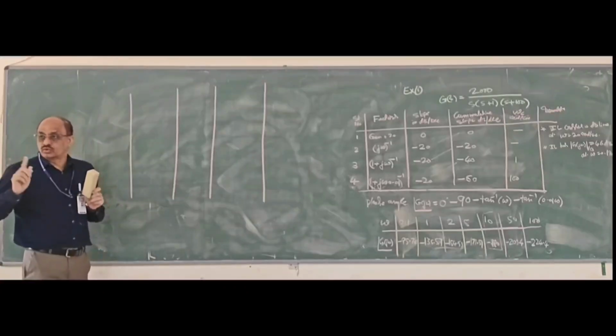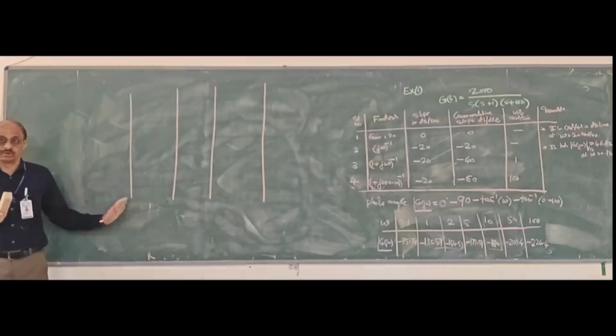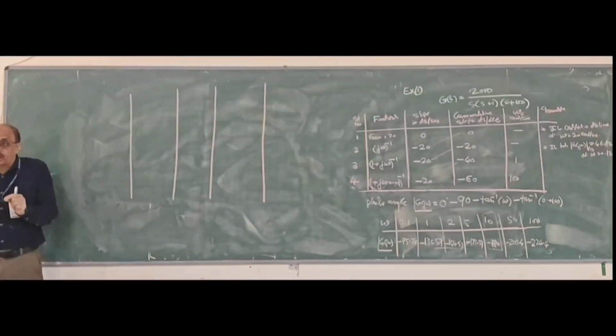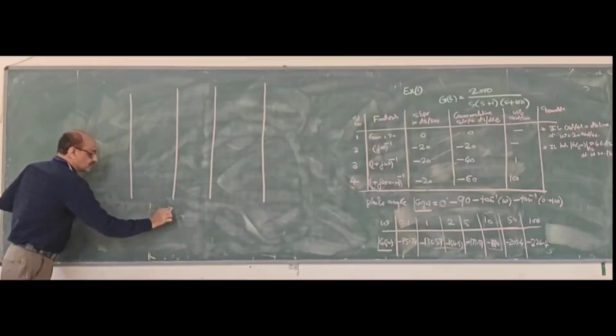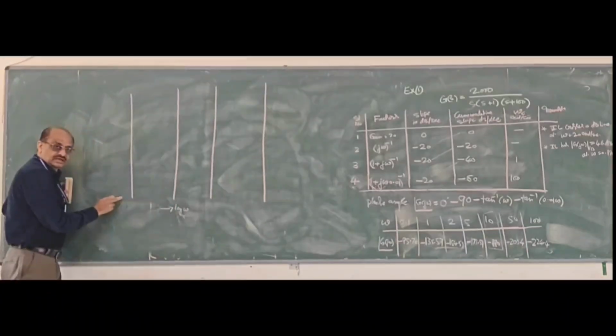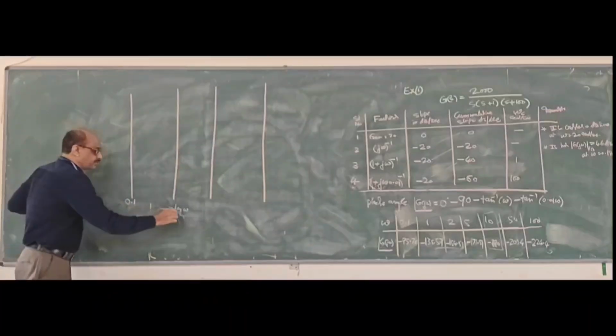Remember, you cannot start the frequency with 0. That is why I need to know the starting frequency. So here, write log omega. We have taken a starting frequency of 0.1. Write that 0.1 radians per second.